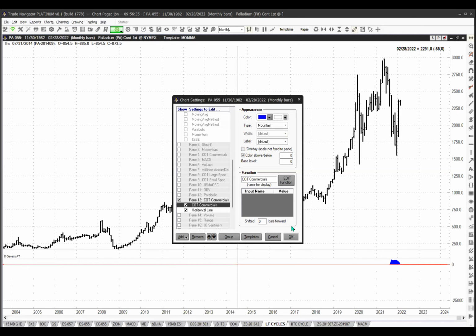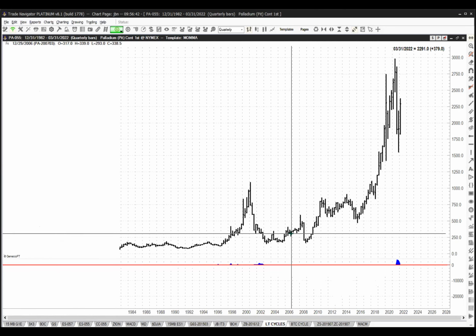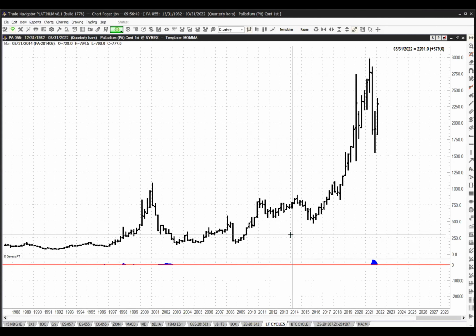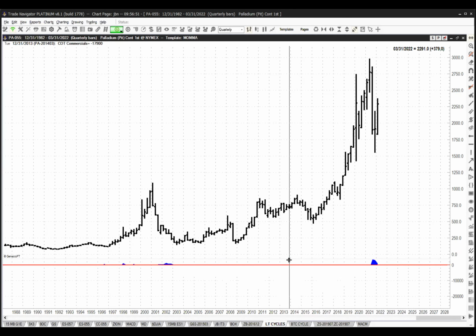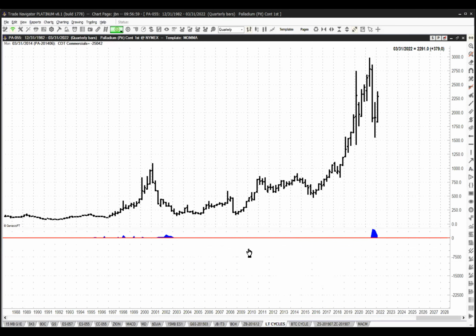So look, this is the long-term chart of palladium going back many, many years. I'm going to expand the chart. So we're not talking short-term here. So this blue indicates commercial buying activity.